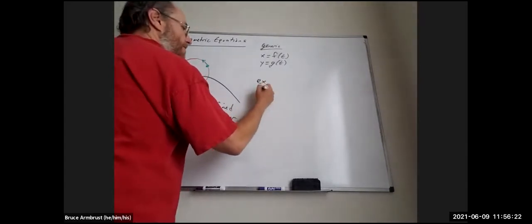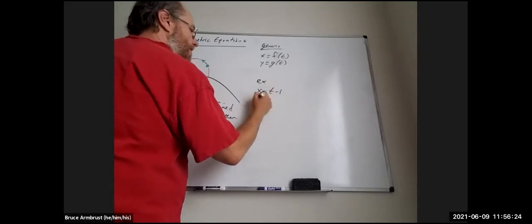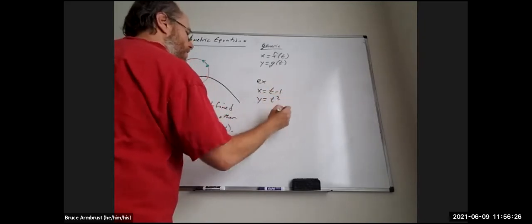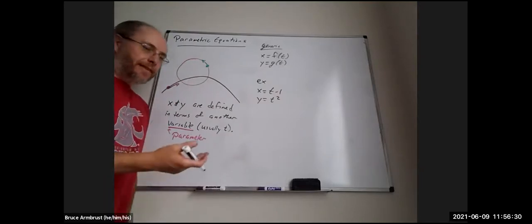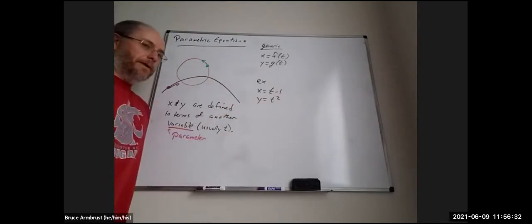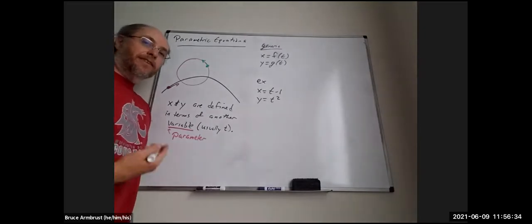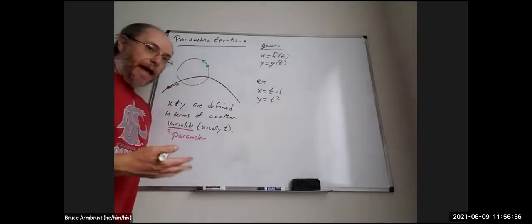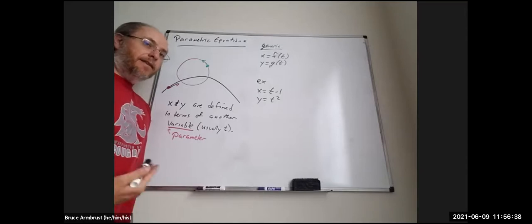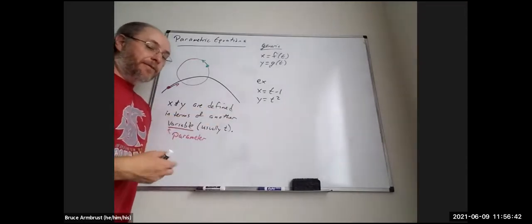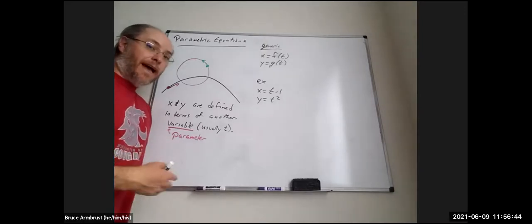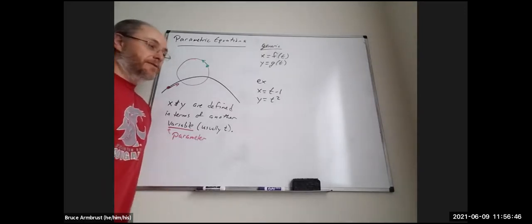So we could have, for example, x equals t minus 1 and y equals t squared. That, my friends, is a set of parametric equations that describes a path through space, and not just a path, but a path where we know when we're at specific locations.